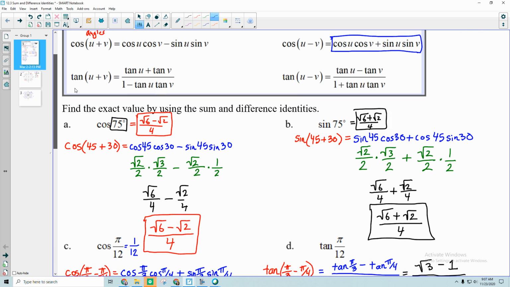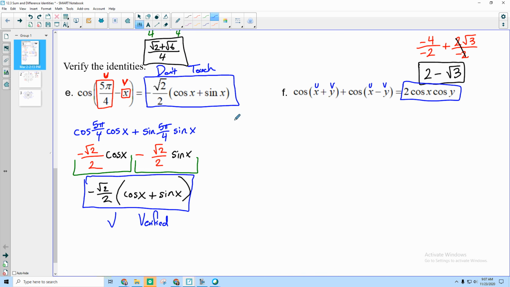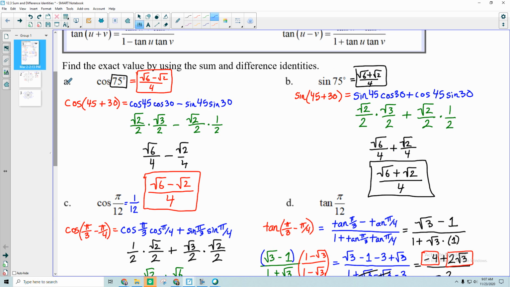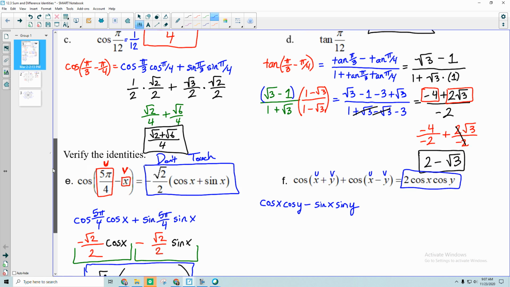So for cosine, when I'm adding those two angles together, I'm going to get this. That'll be cosine of x times cosine of y minus sine of x times sine of y, okay? So I just have cosine, cosine, sine, sine, they're being subtracted. And then the difference identity is very similar, except now I'm adding those together.